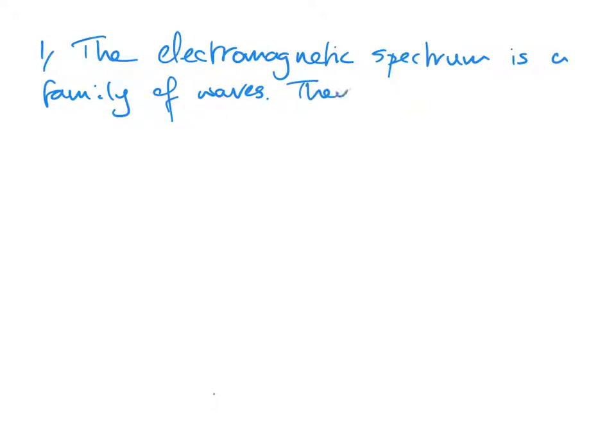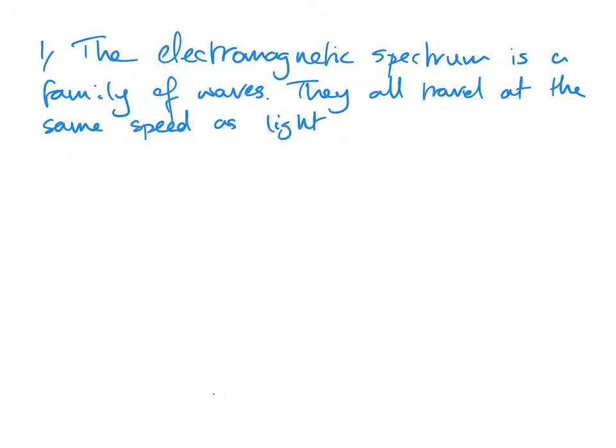In common, they all travel at the same speed as light. And remember last year we met this, the speed of light is 3 times 10 to the power 8 meters per second. That's the main thing that they have in common.